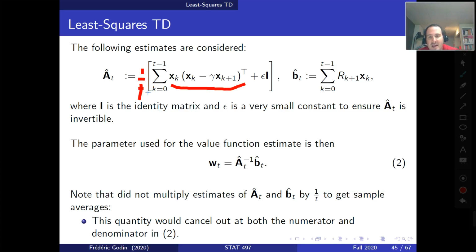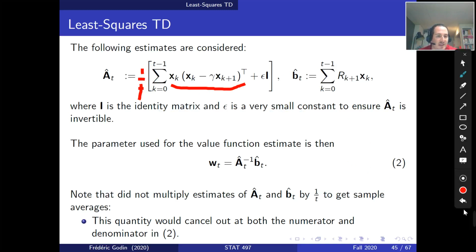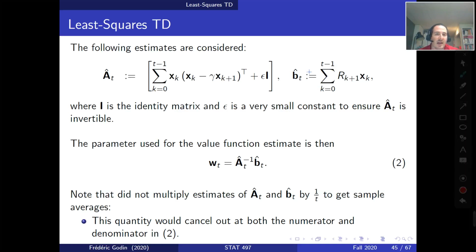I said that we should have 1 over t, but we're not going to put the 1 over t, and we'll see why next. So let's forget about the 1 over t. Here we can estimate b by the sample average of rewards times the state vectors. If we wanted a true average, we should divide by t, but we won't, and we're going to see why in two seconds.